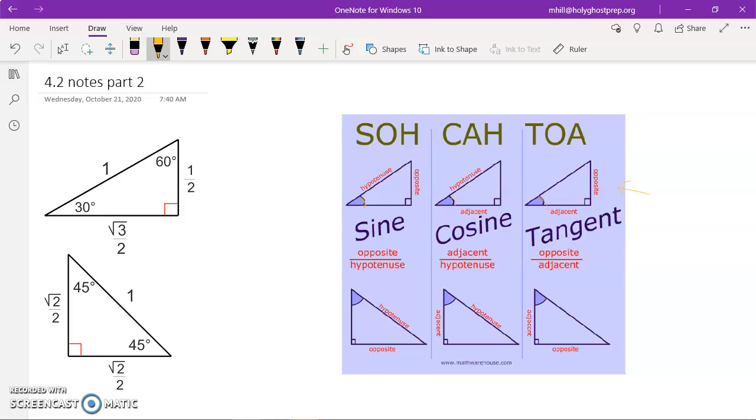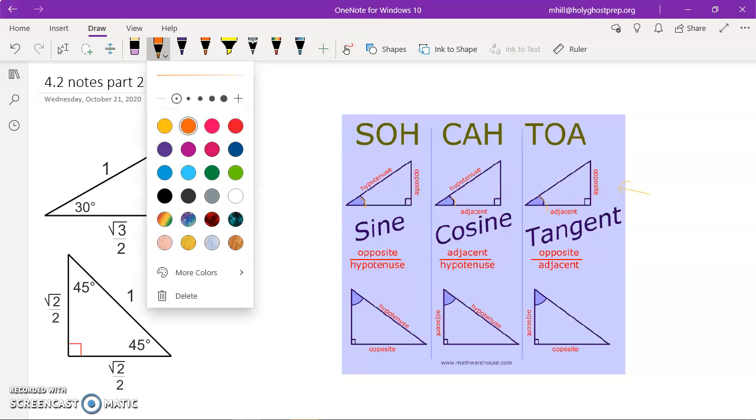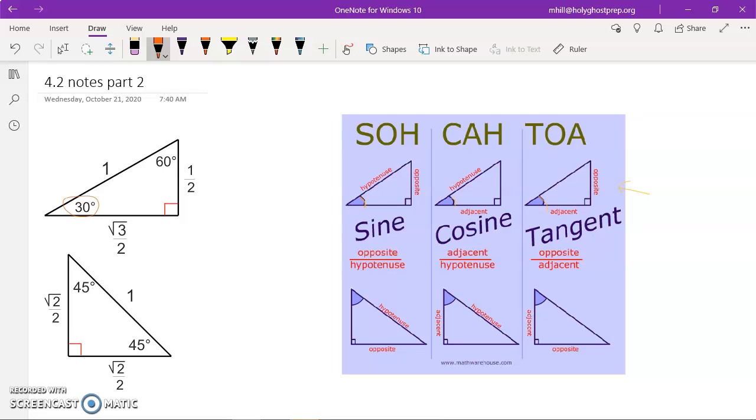So looking back at finding sine, cosine, and tangent of 30 degrees. Let's just focus on as if our angle is 30 degrees. So sine of 30 degrees is opposite over hypotenuse. So opposite is 1/2 over our hypotenuse. Oh, sweet.